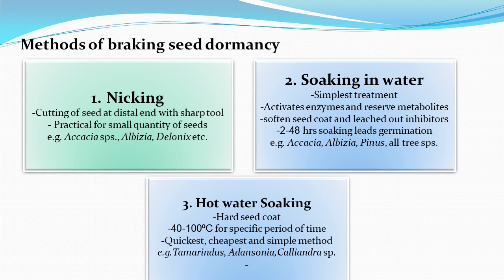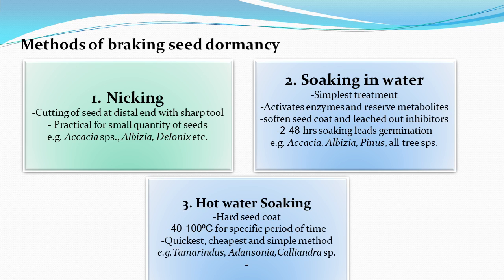Within this hot water soaking, seeds with a hard seed coat are used, and generally the temperature of the water ranges from 40 to 100 degrees centigrade for a specific period of time. The soaking period depends upon the hardness of the seed coat, and after soaking the seeds are allowed to germinate. This is the quickest, cheapest and simplest method, whose requirements are very few.